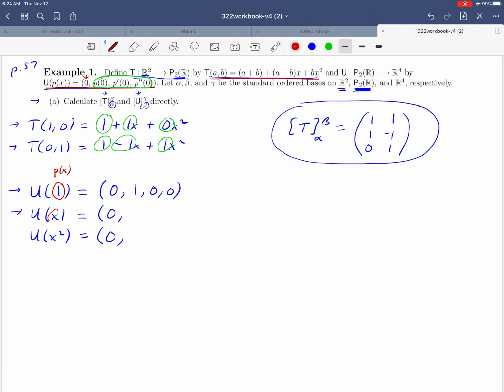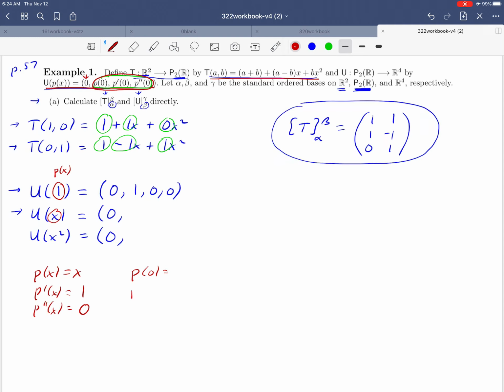All right, and now our next p of x is x. And we're interested in the derivative and the second derivative of that. The derivative of x is 1 and the second derivative is 0. And again, looking back at the top of the page, we need to substitute 0 in for each of those functions that we calculated.